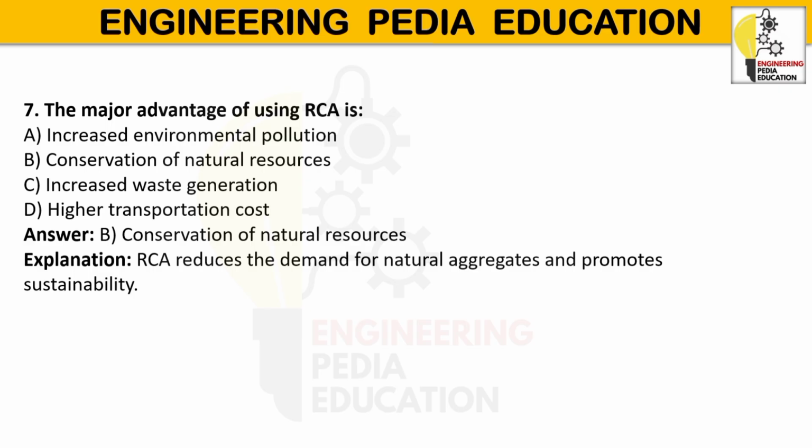RCA is used as a replacement for NCA because NCA extraction can harm the environment, and RCA can work as a sustainable replacement. RCA helps to conserve the environment by decreasing the landfill problem and utilizing the construction and demolition waste for other construction work.